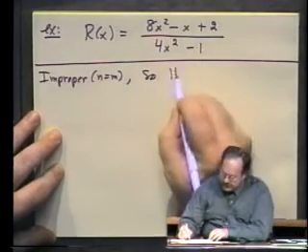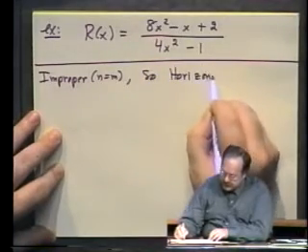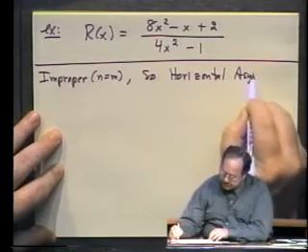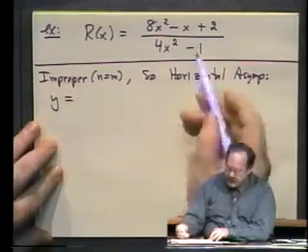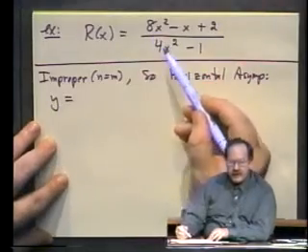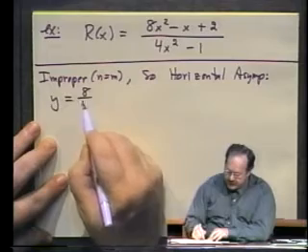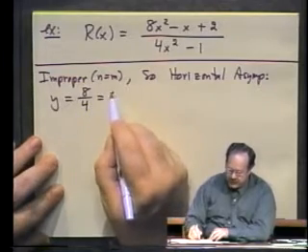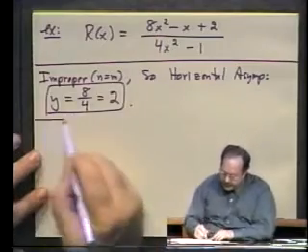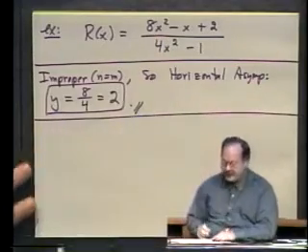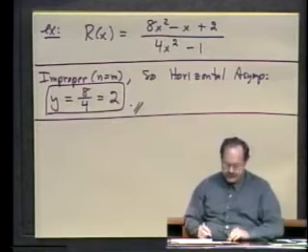So that means immediately I know that there's a horizontal asymptote. And what is it? It is y equals, the leading coefficient on top is 8, the one on the bottom is 4, so y equals 8 over 4, which simplifies to 2. So y equals 2 is the horizontal asymptote. If that's what I was looking for here, I have now found it.